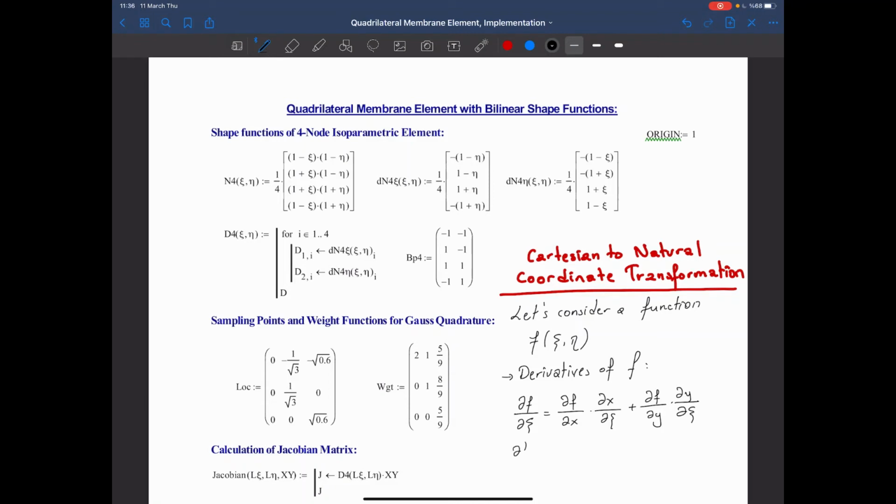And I can write the same thing for del f over del nu. So del f over del x times del x over del nu plus del f over del y times del y over del nu.